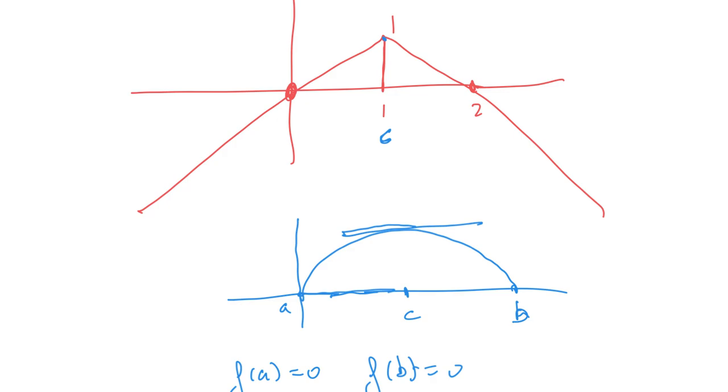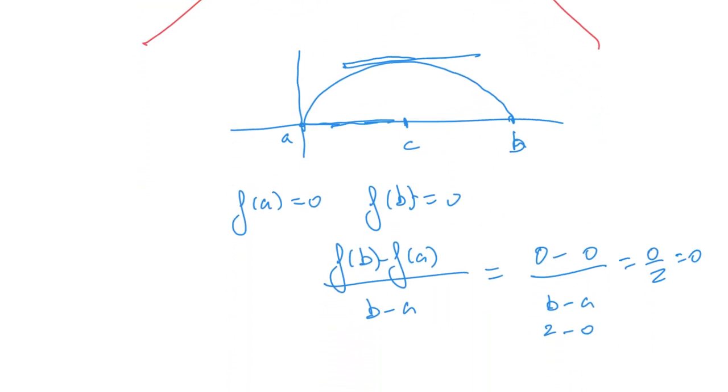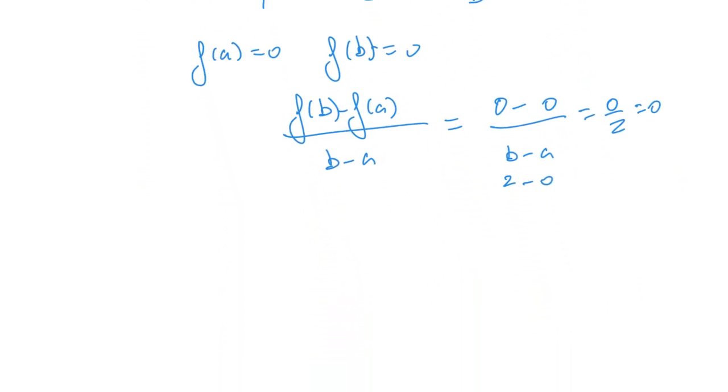c equal 1. So to apply Rolle's theorem, you need to have a closed interval, and you need to have inside the closed interval a function that is differentiable. And in this case, this function is not differentiable. So what we have learned also is that if f is continuous, it doesn't mean that it's differentiable.